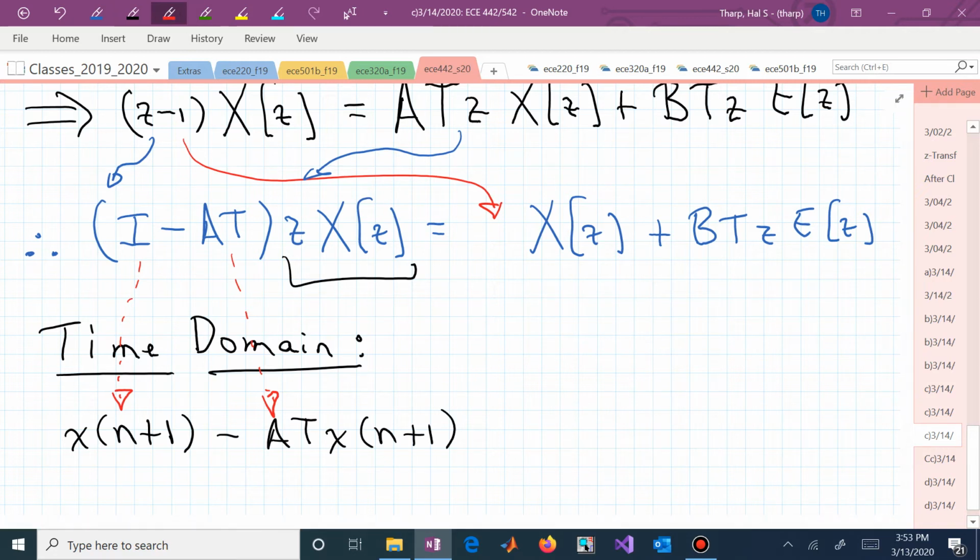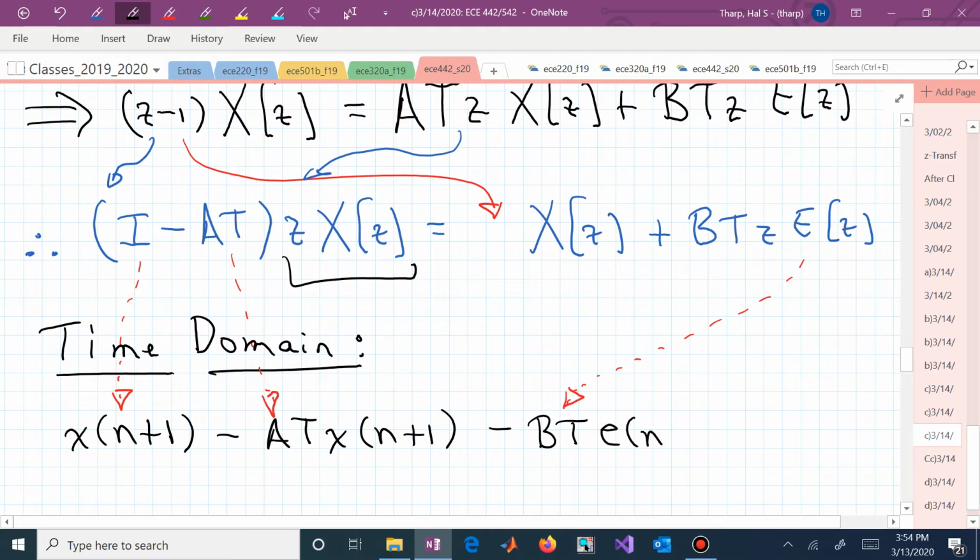And let's go ahead and bring this onto the left-hand side, since it's going to be advanced by 1, and that becomes minus B t e of n plus 1. All of that is equal to this.